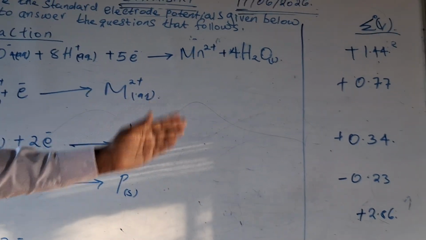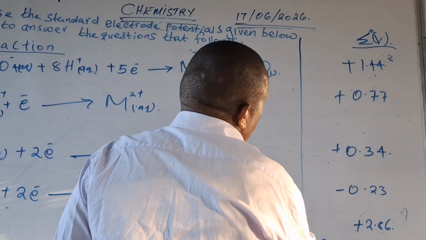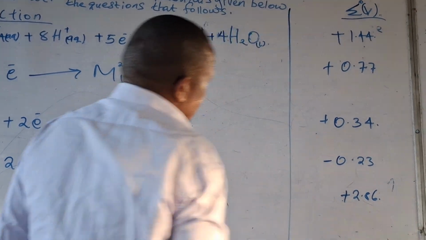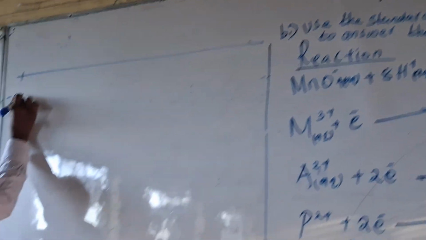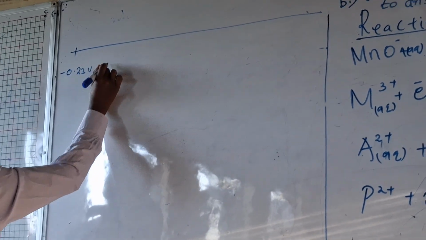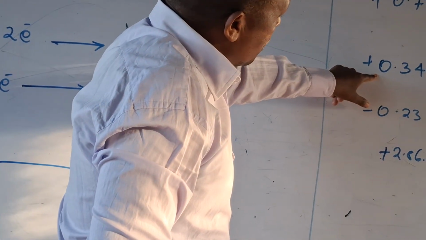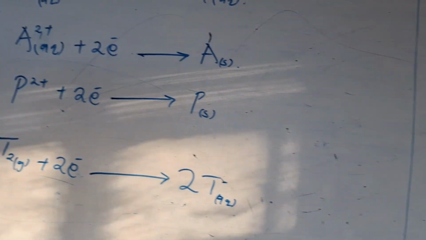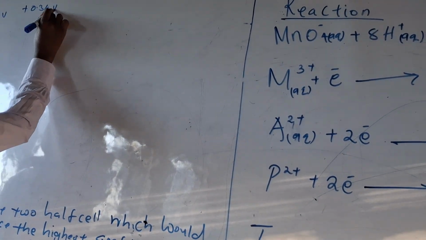We arrange them from left to right. Are we together? So which will be on the far left? This one which has negative 0.23 volts. We start here from negative 0.23 volts. We move to the next. After negative 0.23, we go to positive 0.34 volts.